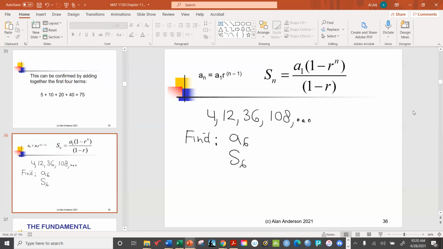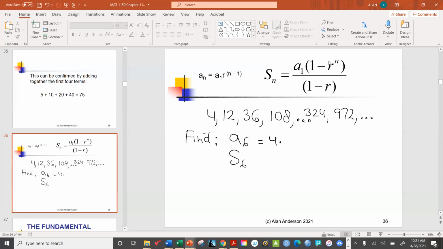All right. So let's see. Of course, as usual, we can just go ahead and do it directly. For example, this is clearly 324 and 972. And so that is, in fact, the correct answer for A6. You'll have 4.